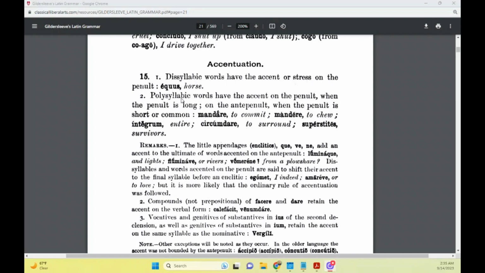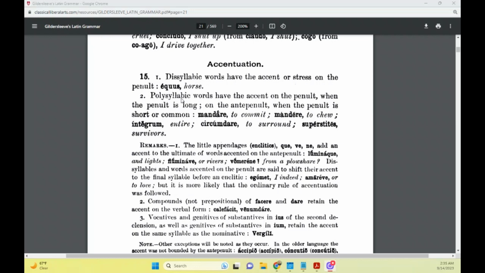I don't have a Latin missal on my desk here, but if you can find an old Latin prayer book, maybe an old Latin missal, you might find one that has all the accent marks written on the words, and that's very helpful for you to practice reading from, to make sure you're getting the accent of the words correct. But otherwise, just learn these rules, memorize them, and do your best to put them into practice any time that you're reading.